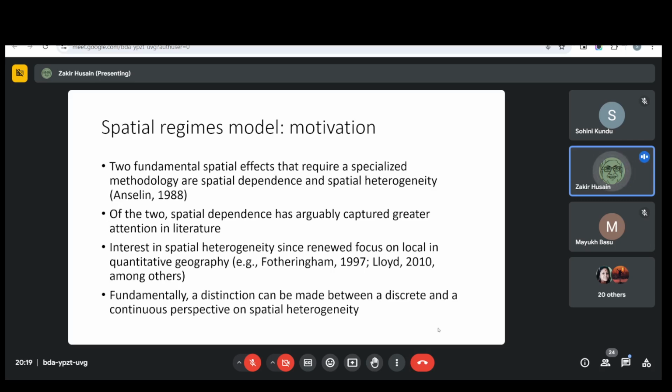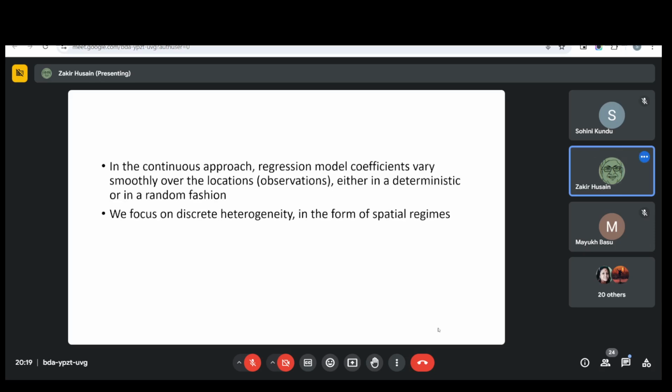So here we can make two distinctions. We can look at spatial heterogeneity in a discrete context and in a continuous context. In a continuous approach, the regression model coefficients are going to vary smoothly over locations, either deterministically or in a random fashion. And this is modeled using a geographically weighted regression.